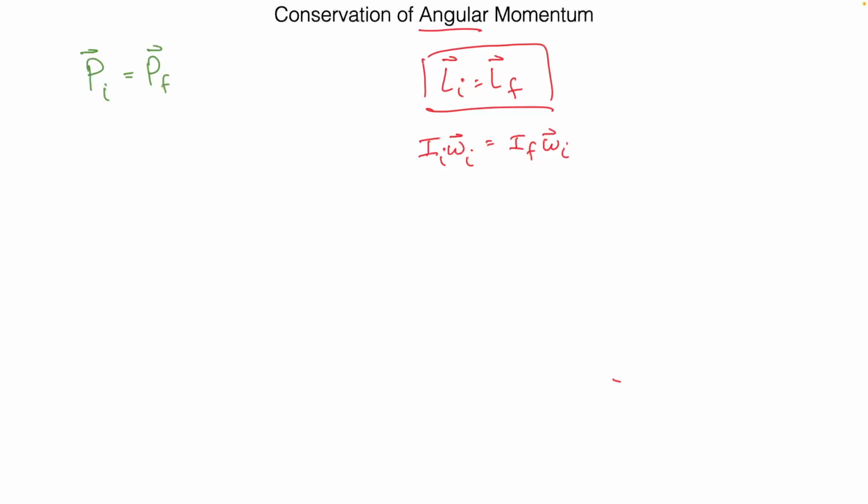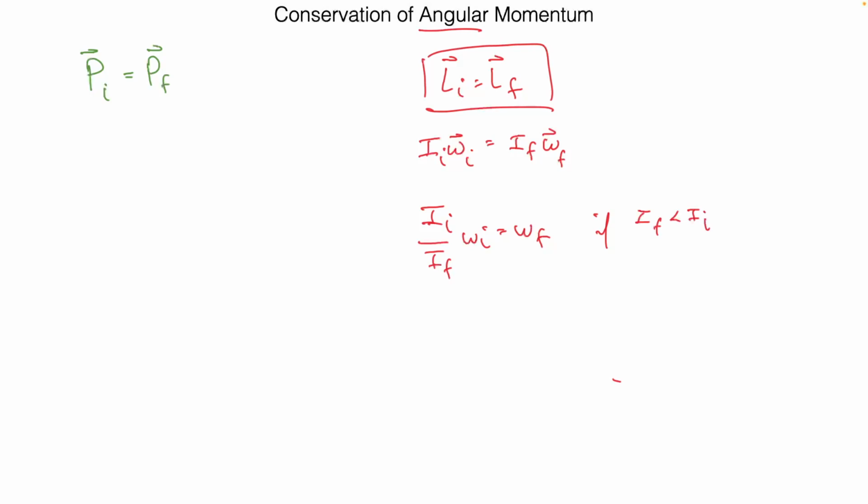And so, by conservation of angular momentum, right? If I solve this, I put the right subscripts on things, if I solve this for my omega final, if my moment of inertia final is less than my moment of inertia initial, I've got a smaller number in the denominator than I do in the numerator.